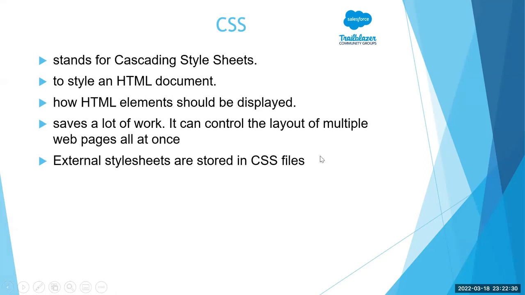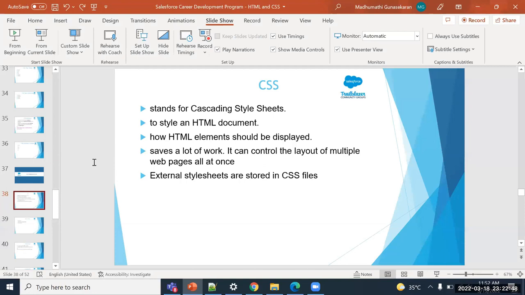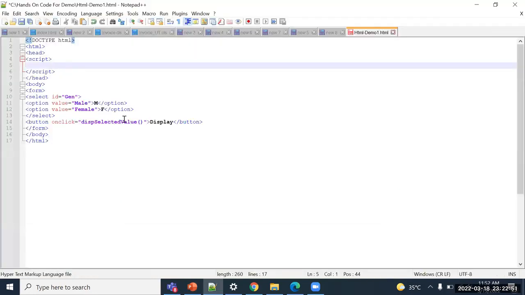And there are different ways of applying styles to your HTML document. We can use external style sheets also, which means some external files. We'll see that as part of the next slides. So let's say you are having one table.